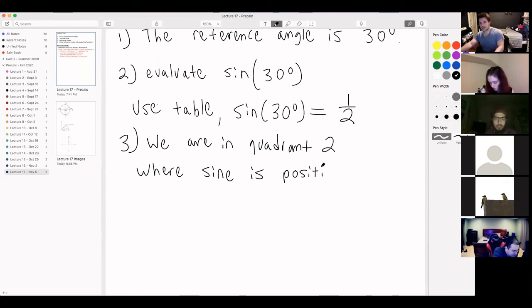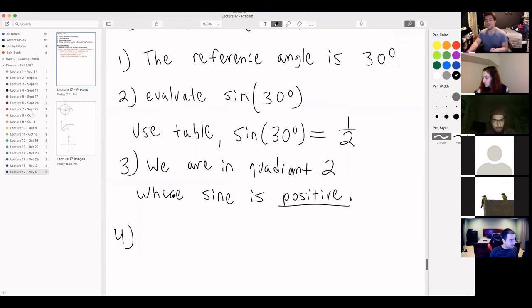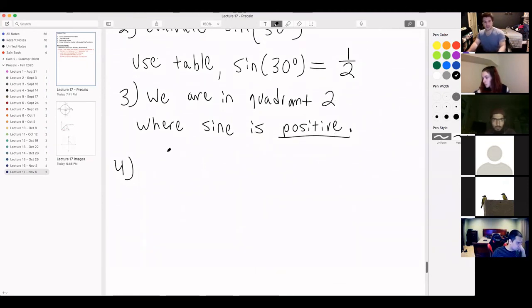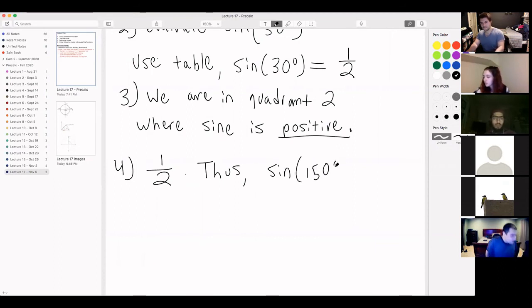So if we're positive, you literally just leave your answer from step 2 alone. So the answer is 1/2. Thus, sine of 150 degrees is just positive 1/2.